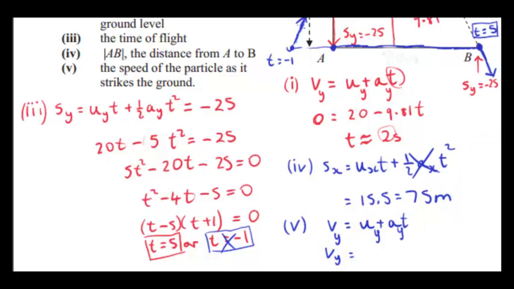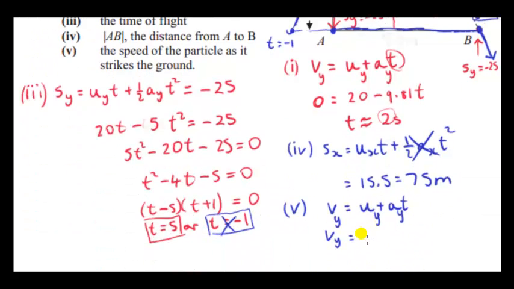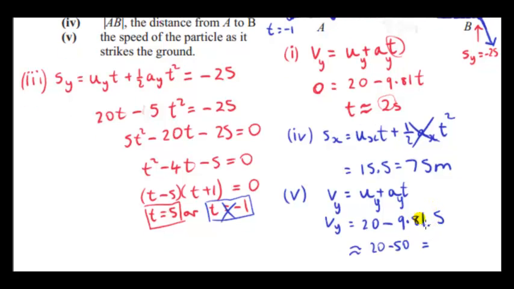Now the y velocity initially is 20 meters per second. The acceleration is pointing downwards, it's minus 9.81, and the time is 5 seconds. Now I'll round 9.81 to 10, so we have 20 minus 50, which is minus 30 meters per second.